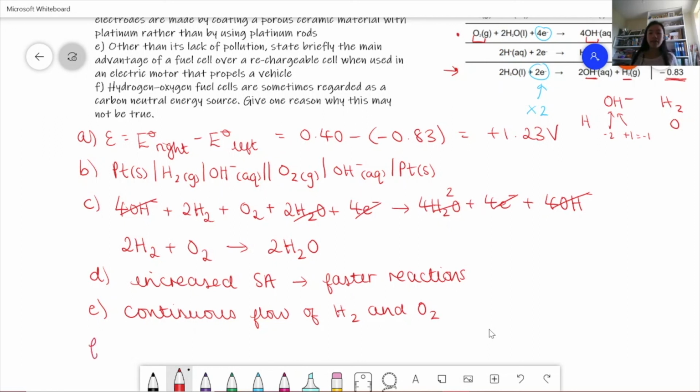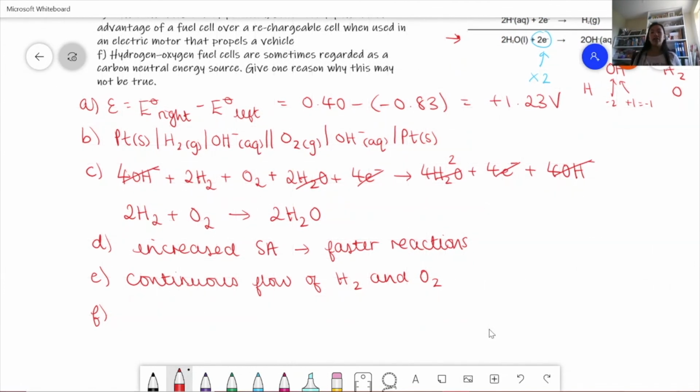And then for F, hydrogen-oxygen fuel cells are sometimes regarded as a carbon-neutral energy source. Give one reason why this may not be true. And the reason why is that if we are to have a continuous flow of hydrogen and oxygen, where they come from is from the burning of fossil fuels. So this is not good for the environment and it's not carbon neutral.